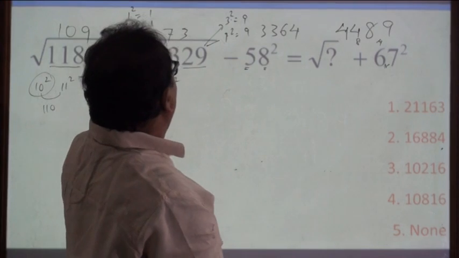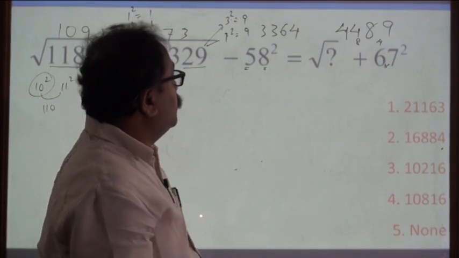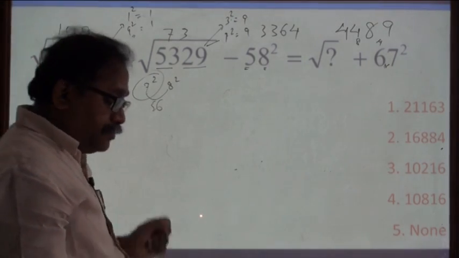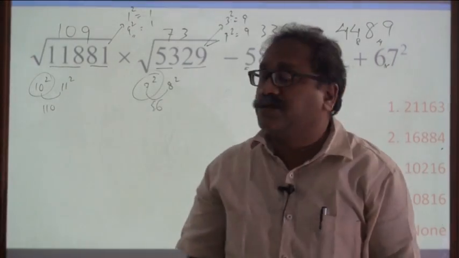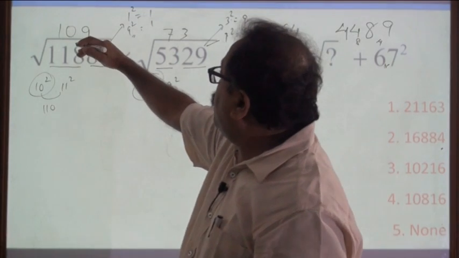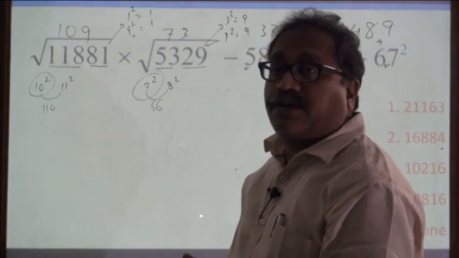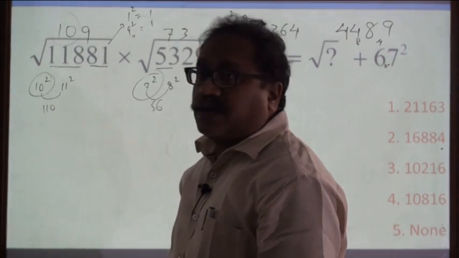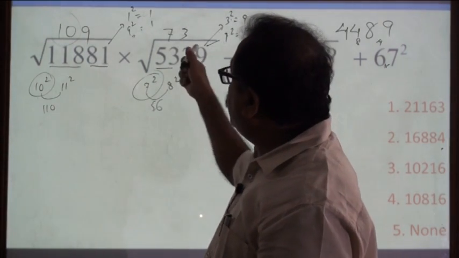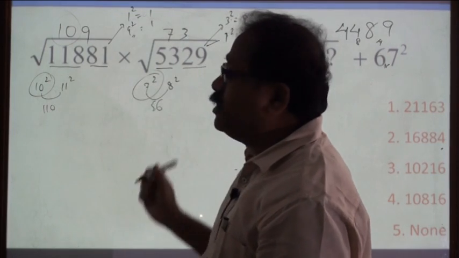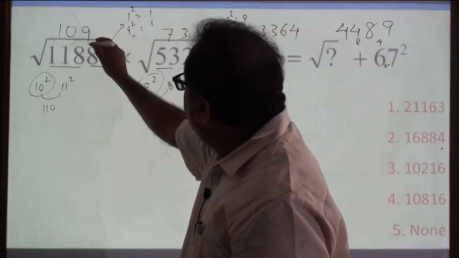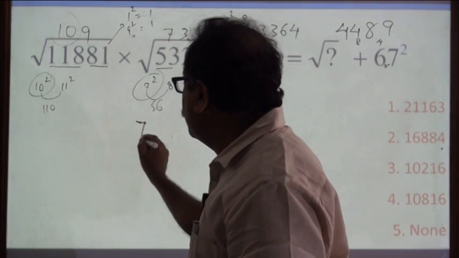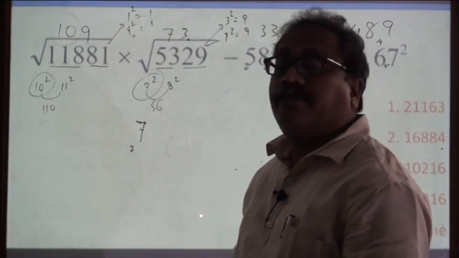Now I need to deal with this number. Let's work out 109 into 73. Here also we will change the method of multiplying 109 by 73. See how I am doing it. I will ignore the 10 completely. I will multiply the entire 73 only by 9. So 9 into 3, 27, carry 2.